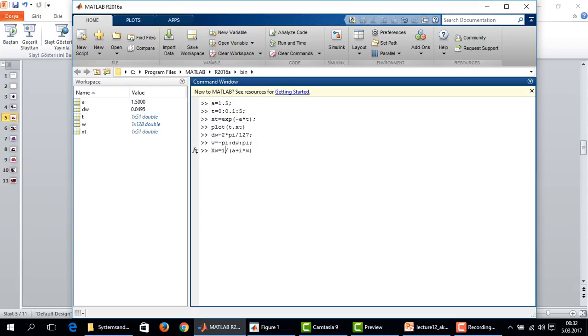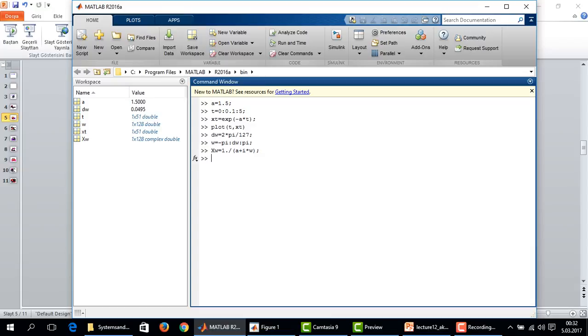And of course I need to put the point symbol here, and that is my Fourier transform X of omega. And notice that that is also the vector with size 1 by 128.